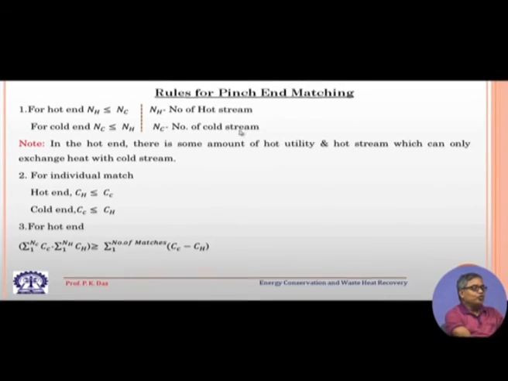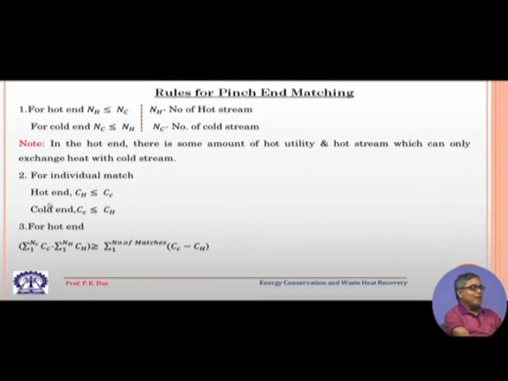Then there are rules for pinch end matching. For the hot end, the number of hot streams, NH, should be less than or equal to the number of cold streams, and for the cold end, the number of cold streams should be less than or equal to the number of hot streams. In the hot end, there is some amount of hot utility and hot streams which can only exchange heat with cold streams. So, that is why this has to be done, and similarly this is for cold streams also.